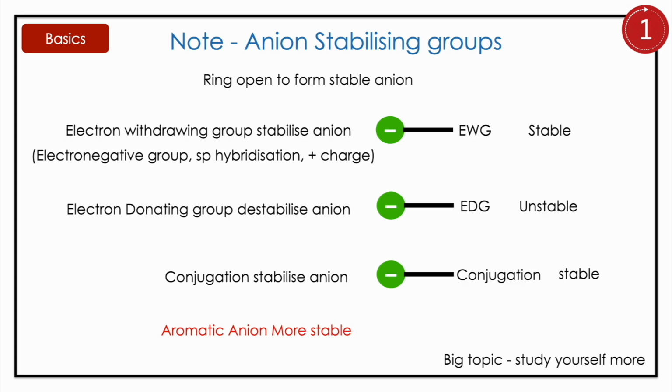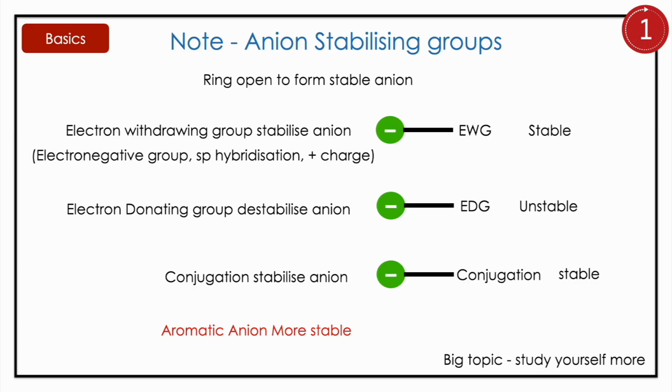Then the next basic, the anion stabilizing group. Since the ring opening forms an anion, you should know the anion stability. Normally low charge or no charge is stable. So charge decreasing species stabilize the anion. Electron withdrawing groups stabilize the anion. The withdrawing group can be an electronegative group, low hybridization, or positive charge, nitro and cyano.